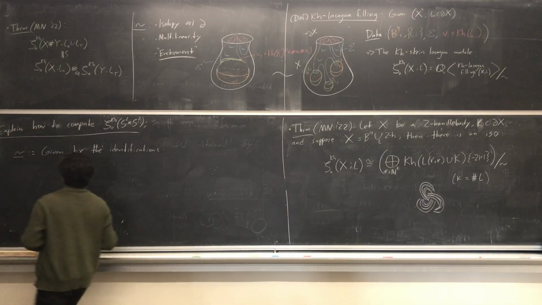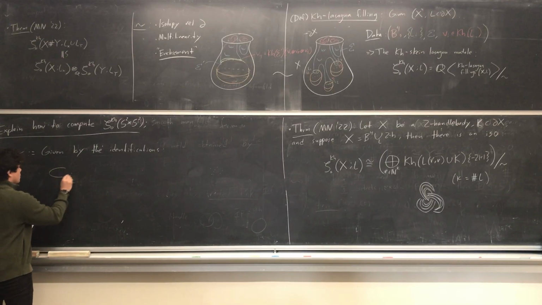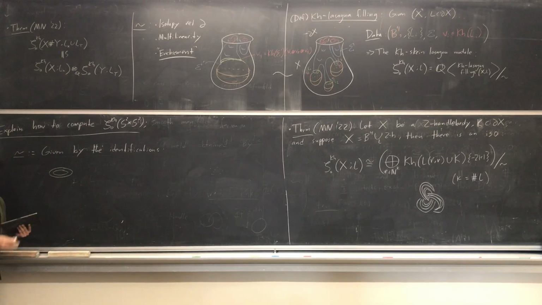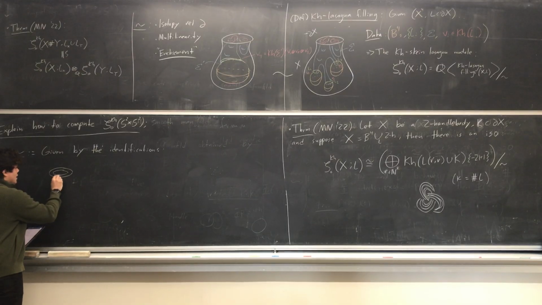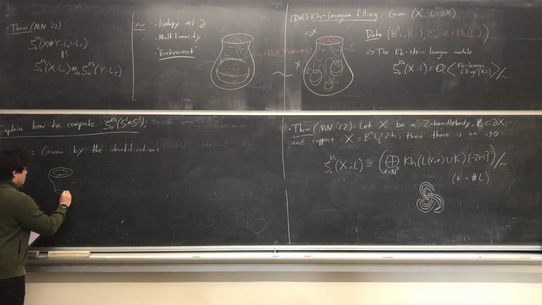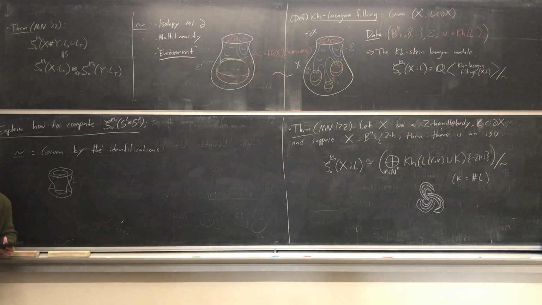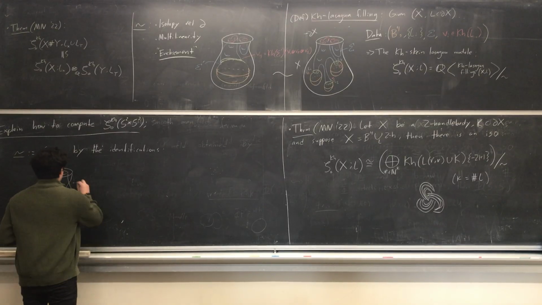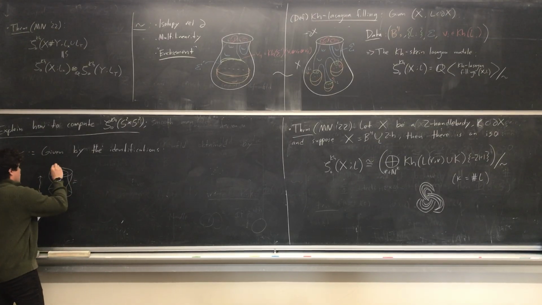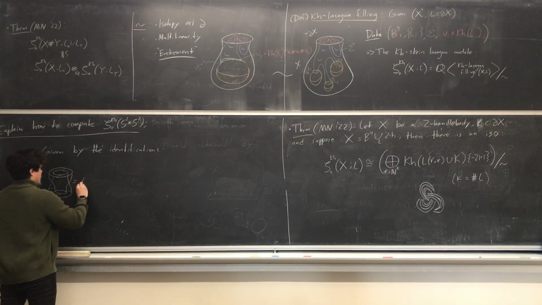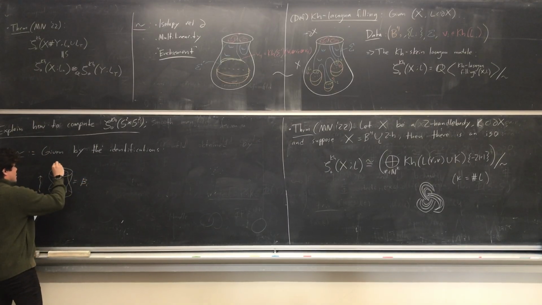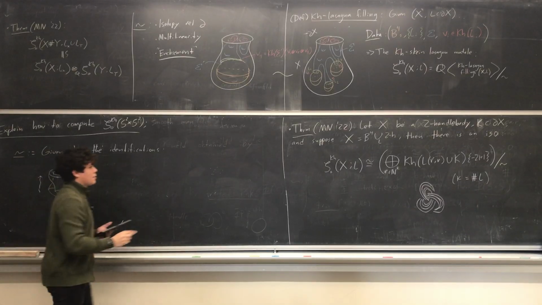The first is if you have two parallel strands that have the same orientation, then there is a cobordism like this that swaps them. Imagine my cobordism is going from bottom to top, permuting these two parallel strands. Let's call this beta i, the swap of the i-th and (i+1)-th strands in my cable.